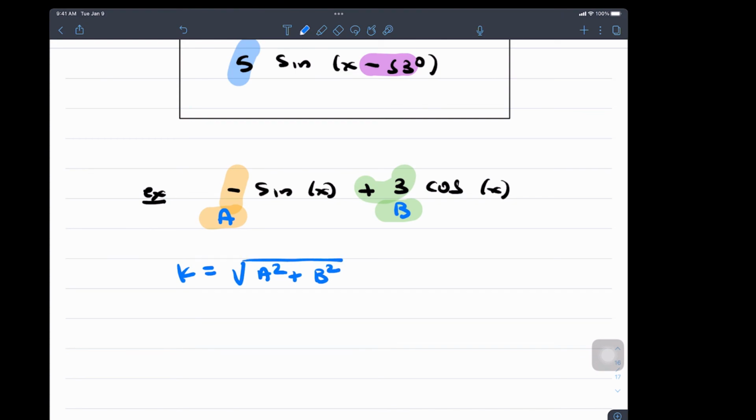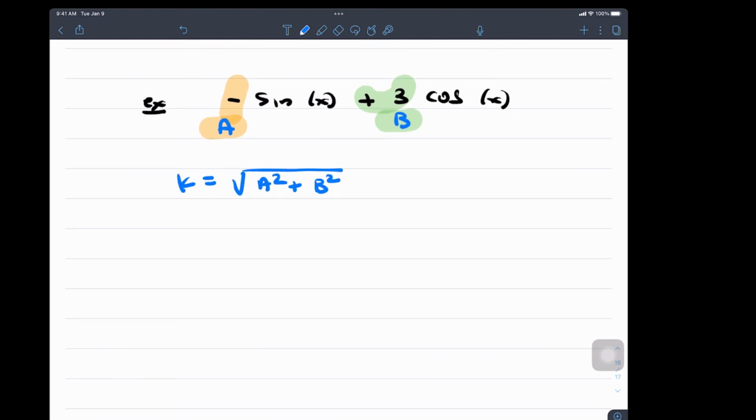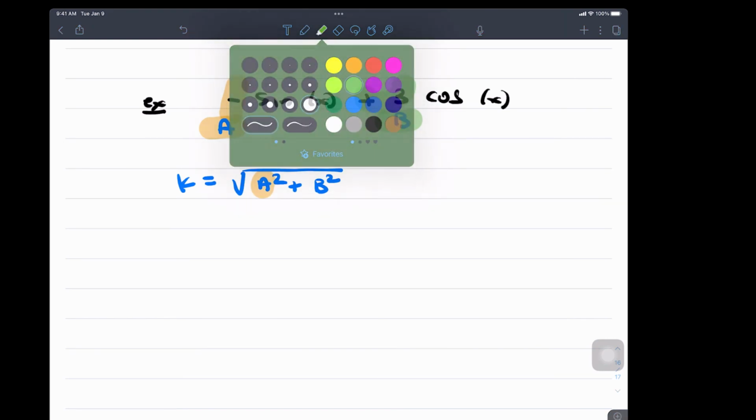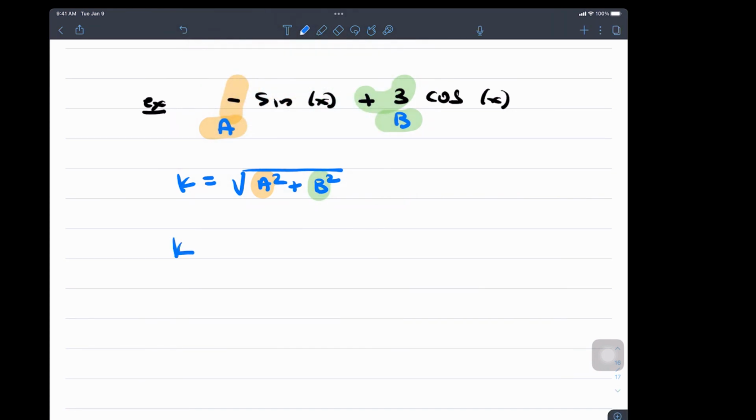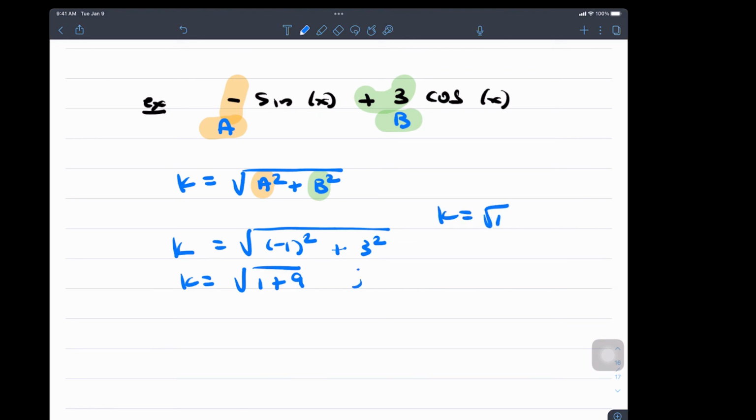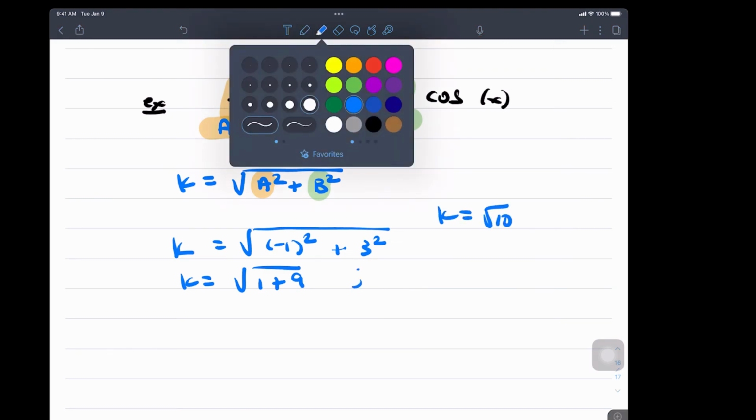A squared plus B squared. Here's A. Here's B. Square root of negative 1 squared plus 3 squared. Isn't that 1 plus 9? So what is K? Square root of 10.